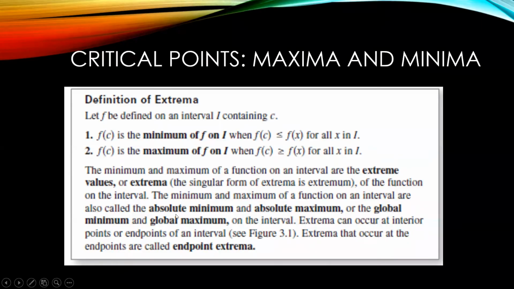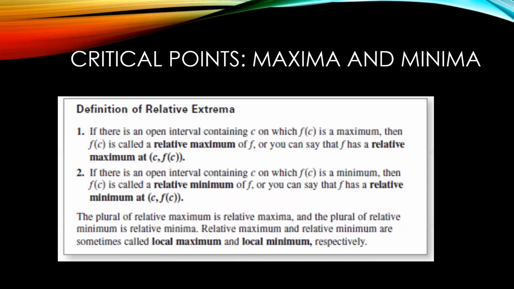There are what you call the absolute minimum and absolute maximum. Sometimes they are termed the global minimum and global maximum. But if it's on the endpoints of the interval, they're called the endpoint extremum or endpoint extrema. So let's go to the definition of relative extrema.